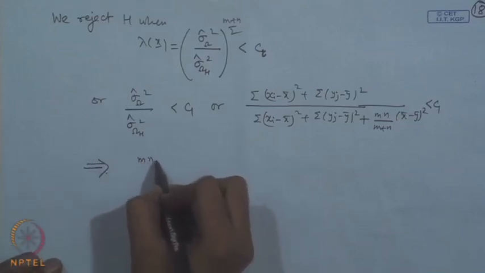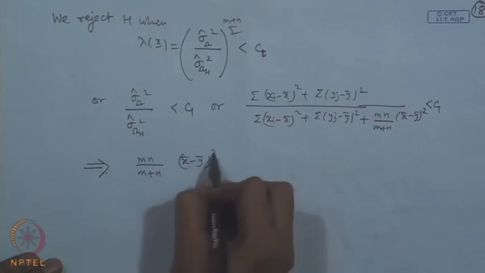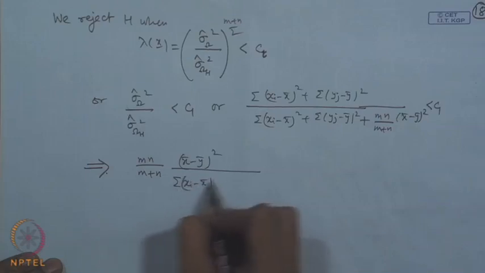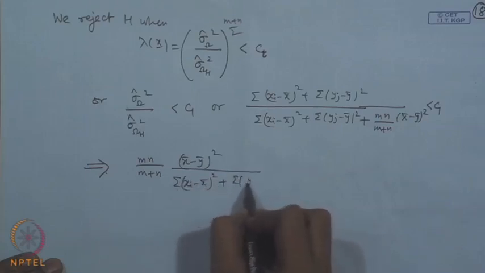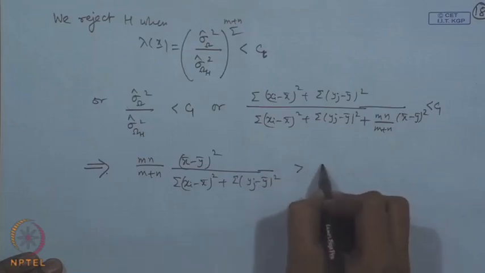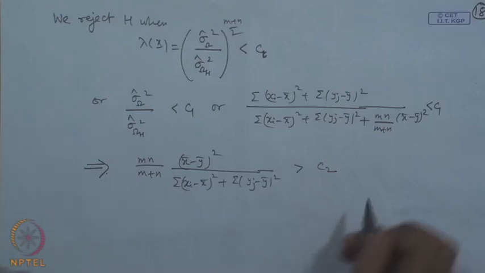mn by m plus n times x bar minus y bar square divided by sigma x_i minus x bar square plus sigma y_j minus y bar square greater than say some c 2. Note here that x bar is greater than y bar.